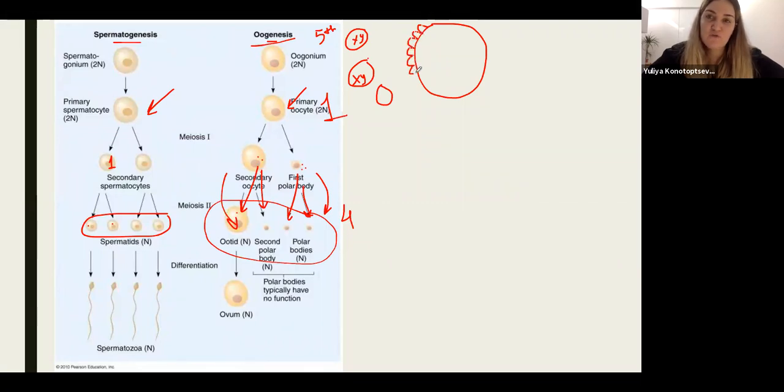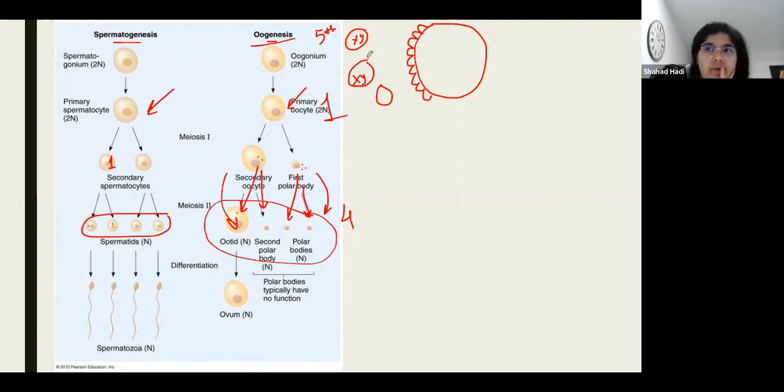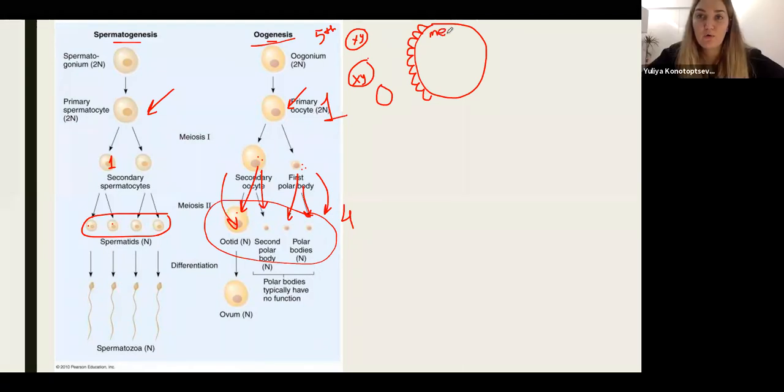So on the surface of the gonad, you will see simple cuboidal epithelium. But the core of the gonads will consist of connective tissue. Don't forget we're in the embryo, so how do we call embryonic connective tissue? Mesenchyme. So in the core of the gonads, you will find mesenchyme.